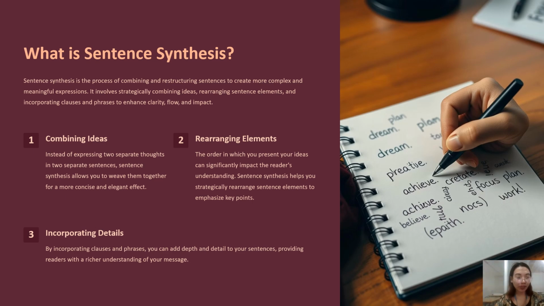Number 2 is use prepositional phrases. Add phrases that give more context about location, time, or reason. The original will be, the kids played. In detail we will turn it like this: the kids played in the park during the afternoon.